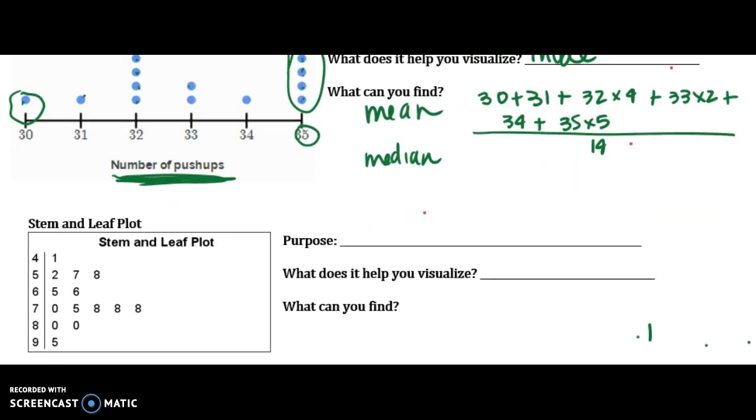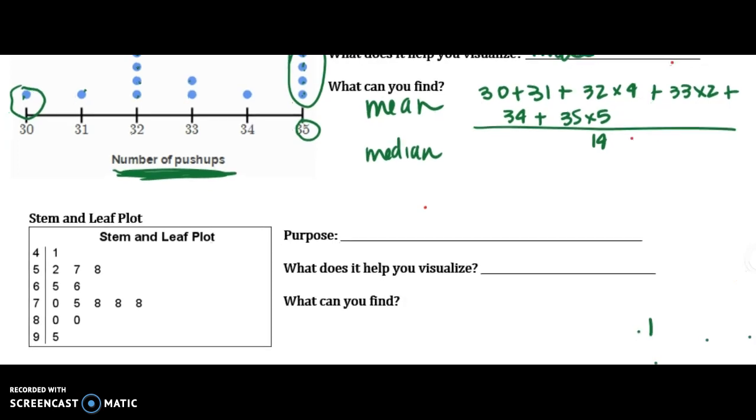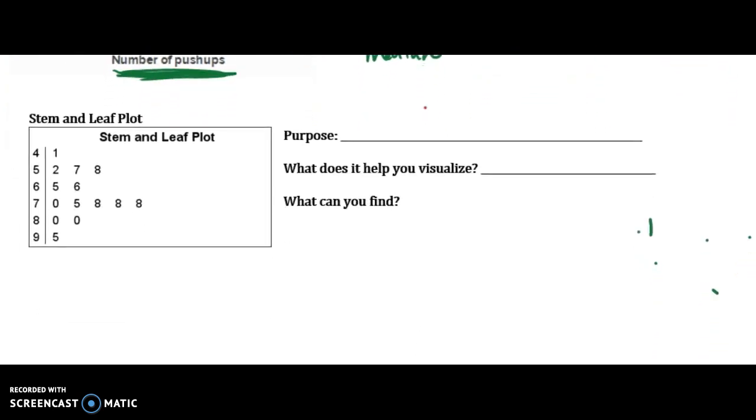Now let's talk about a stem and leaf plot. A stem and leaf plot is honestly kind of like a dot plot, except it's sideways instead of vertical. Again, the purpose of a stem and leaf plot is to group numbers into, I like to say tens, because usually that's how stem and leaf plots are working.